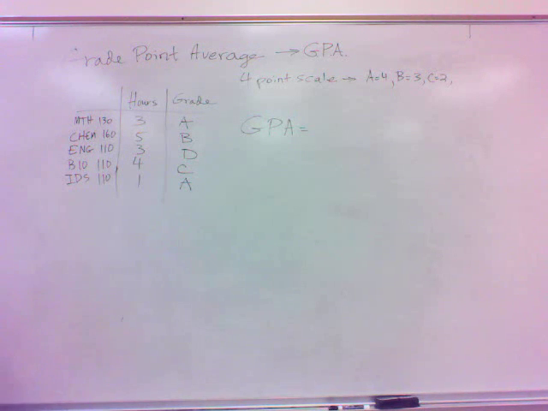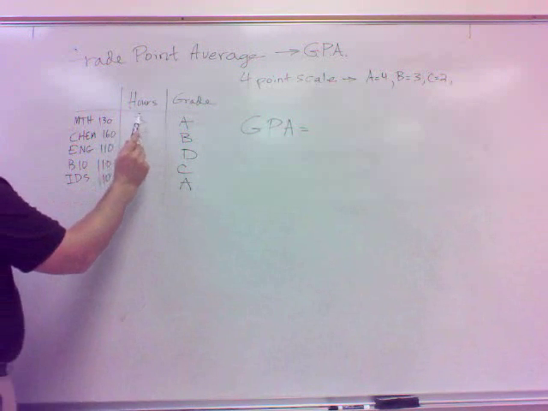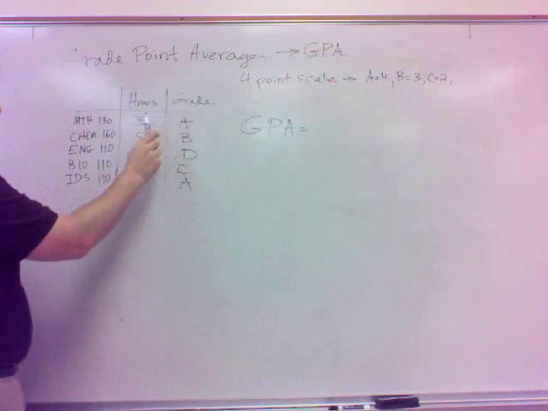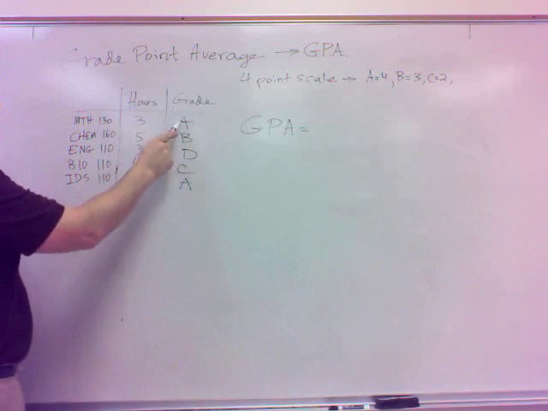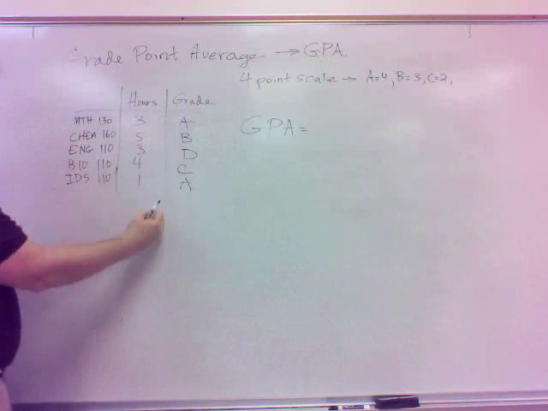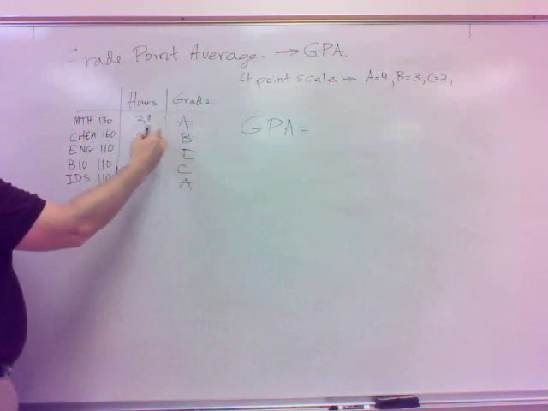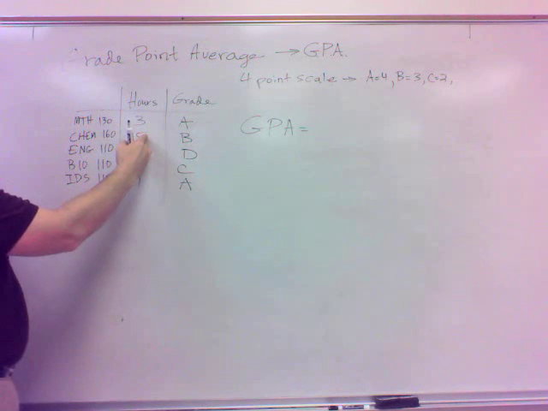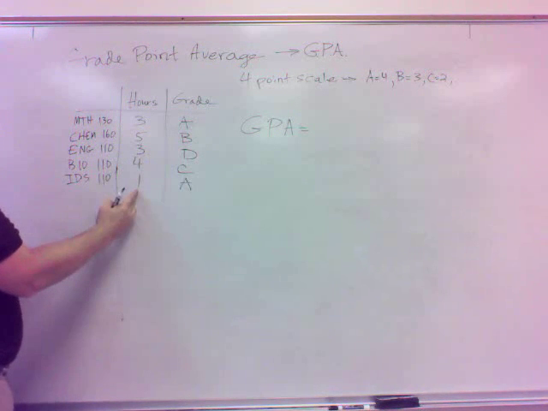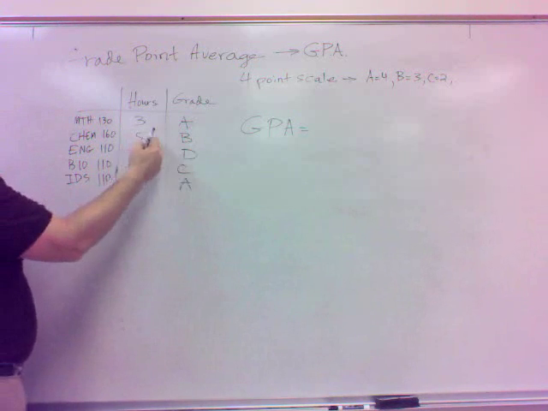But here's how it works for the GPA. I'm going to multiply each of the hours times the grade, because these grades carry different weights because we have different amounts of hours. The B in Chem 160 is a higher weight because it's 5 hours, right? Whereas the A in IDS 110 is only 1 hour.